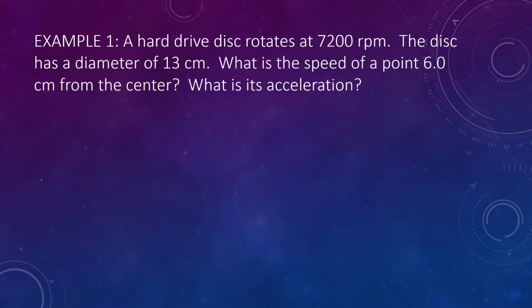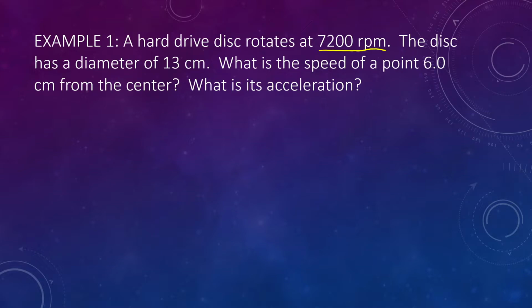Okay, well, the way I always tackle a problem like this is we need to understand what it's actually telling us when it says RPMs. So our goal, we need to think about what this actually is. 7,200 RPMs. Well, R is revolutions, P is per, M is minutes.